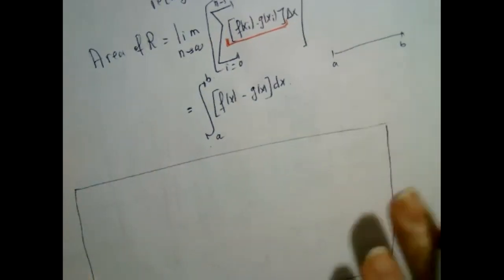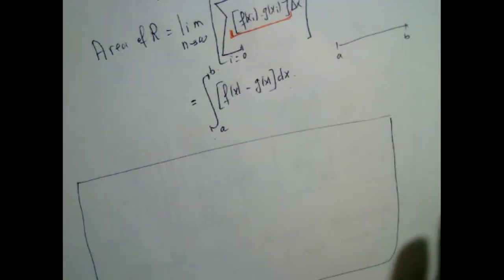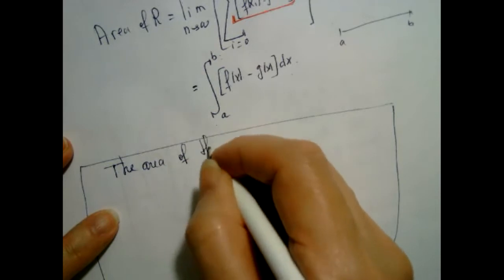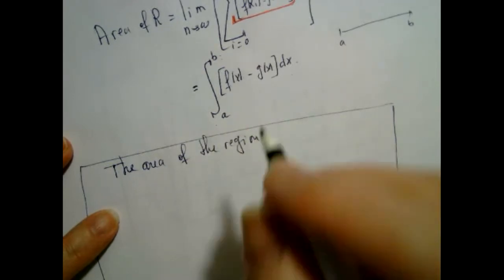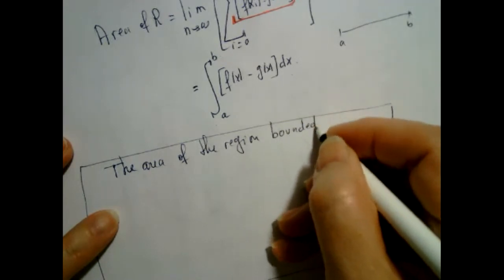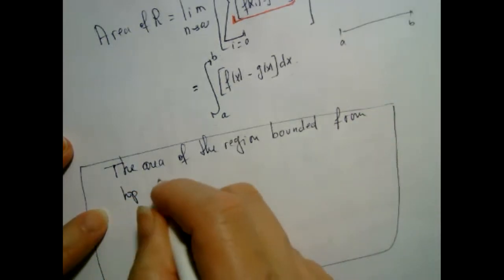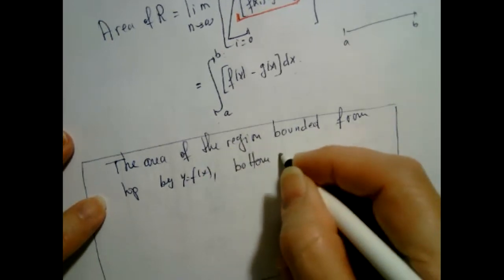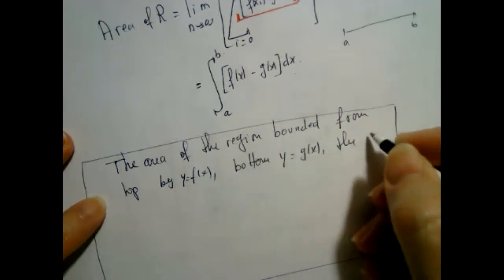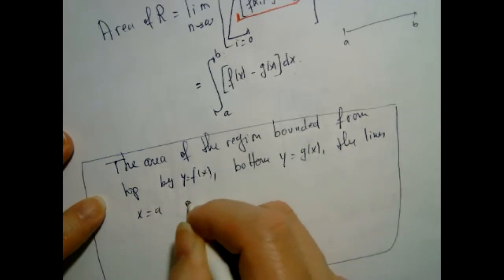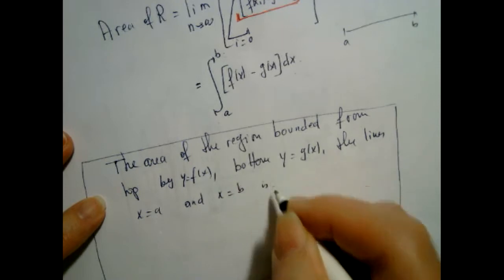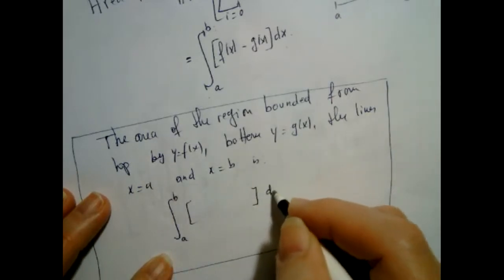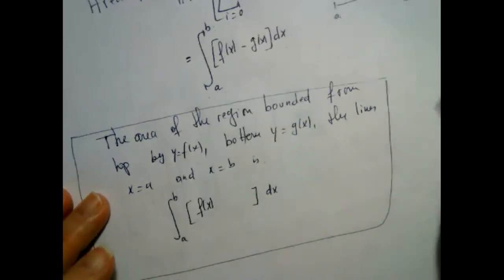So let us summarize this in a box. The area of the region bounded from top by y equals f of x, bottom by y equals g of x, and the lines x equals a and x equals b is given by the integral from a to b of f of x, which is the top curve.